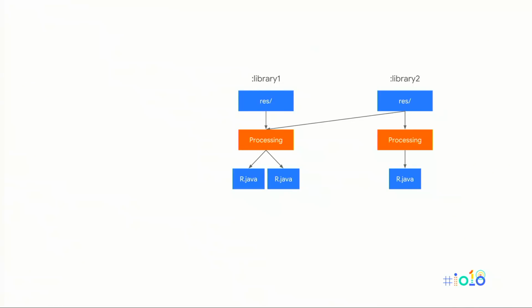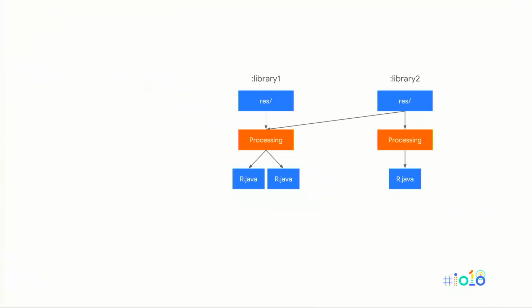And so in order to really validate all those resource references, and also deal with some overlay mechanism, we merge those two resource folders into a single resource folder and process it, and then generate another R class. We actually generate two R classes, right? One is for the library itself, library 1, which contains all the resources from library 1 and library 2.